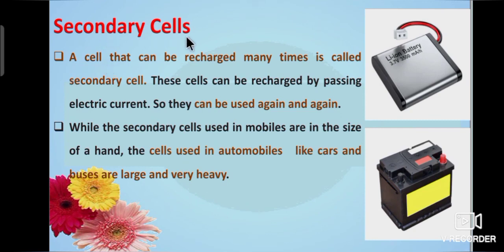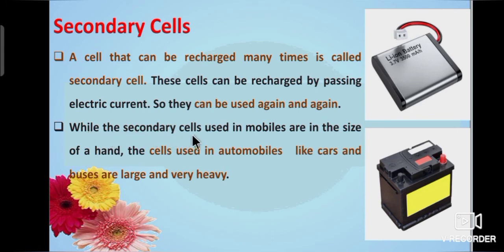Next, secondary cells. A cell that can be recharged many times is called a secondary cell. These cells can be recharged by passing electric current, so they can be used again and again.